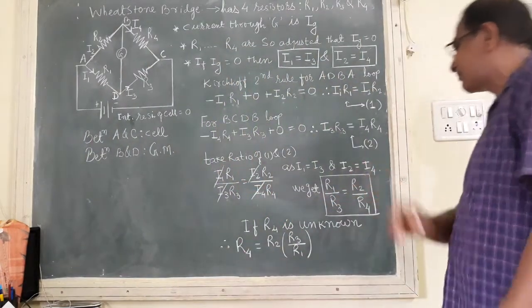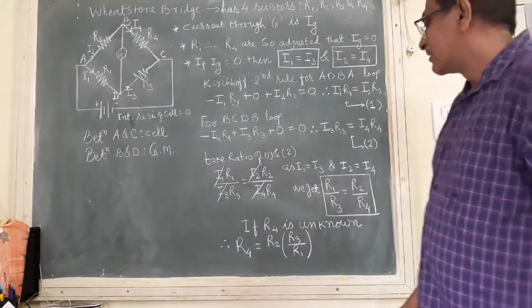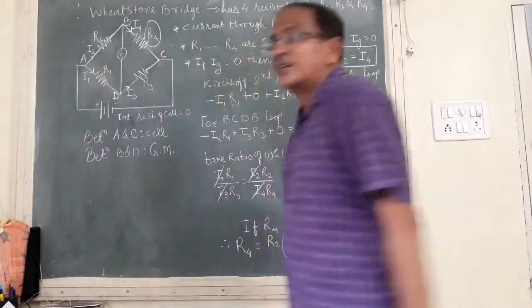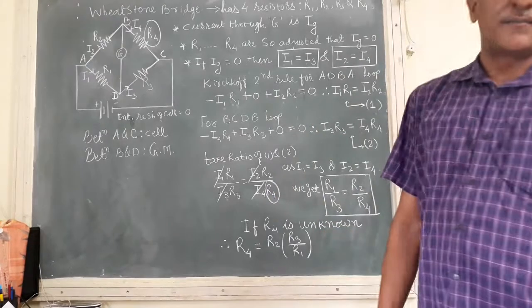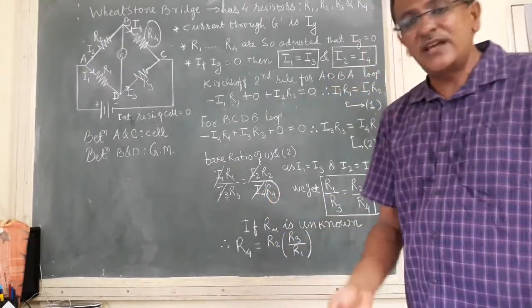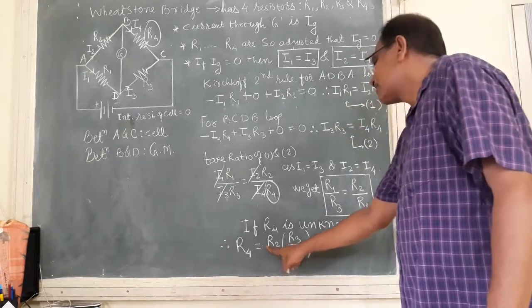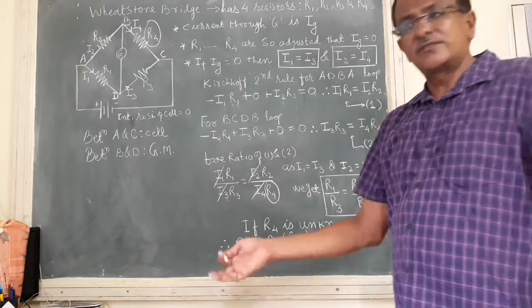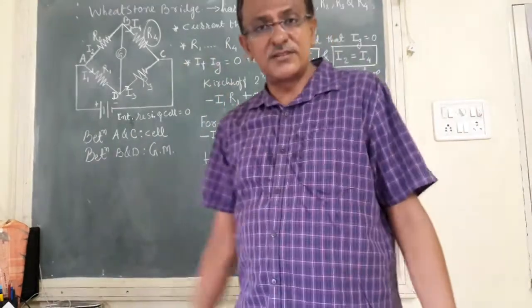You will have R1 upon R3 is equal to R2 upon R4, and our R4 is the unknown resistance. Then R4 can be made the subject of the formula, and R4 is equal to R2 into R3 upon R1. So this way you can find out the unknown resistance with the help of this Wheatstone bridge.